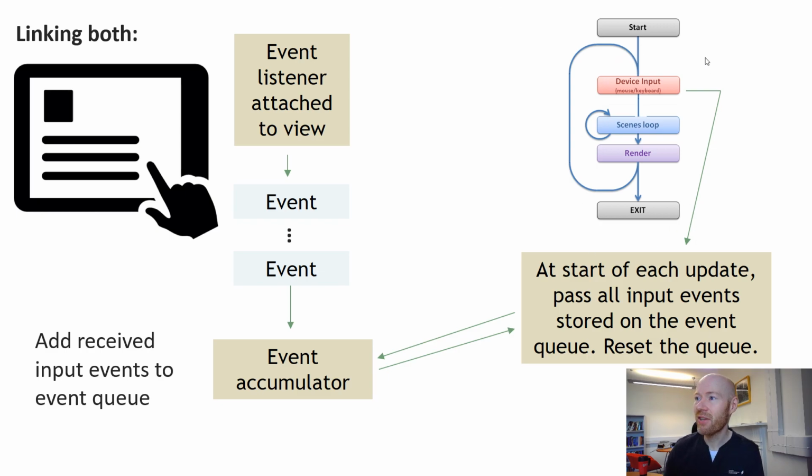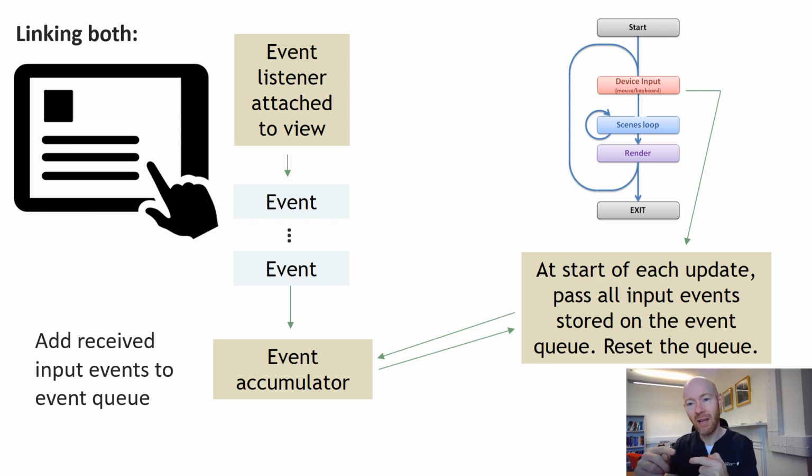Then at the start of each update, when we do our update and draw, we will go to the input accumulators and say, okay, it's been a 20th of a second since I last checked for input. In that period, the user may have provided me with some input. They may have touched the screen, they may have orientated the device.